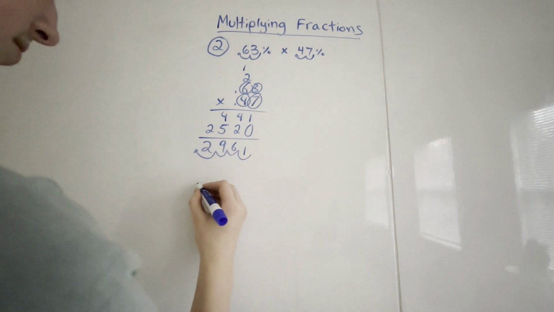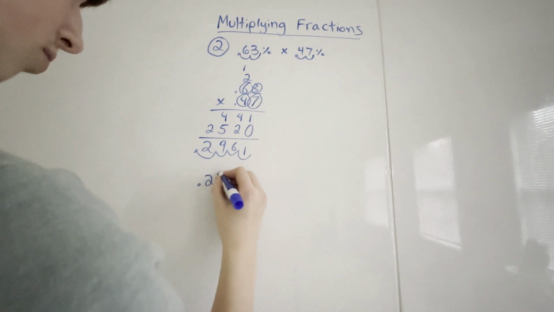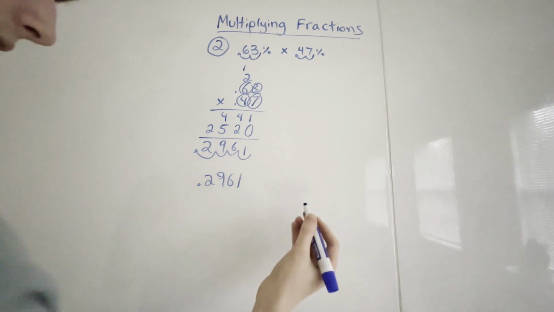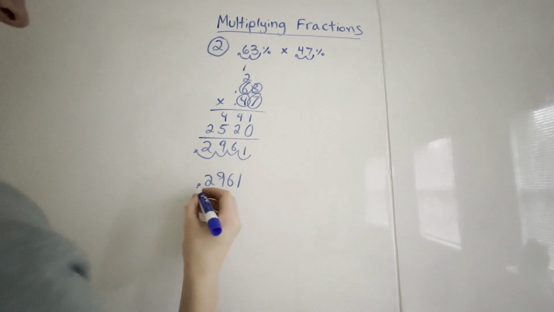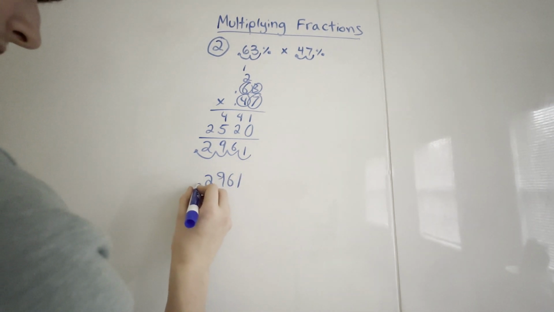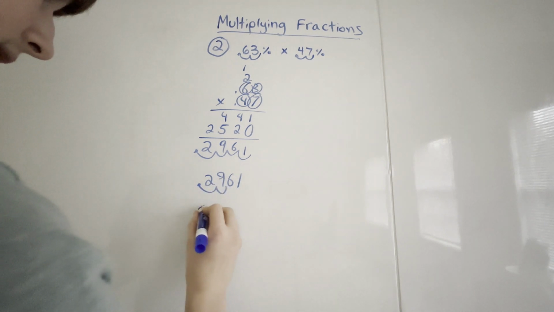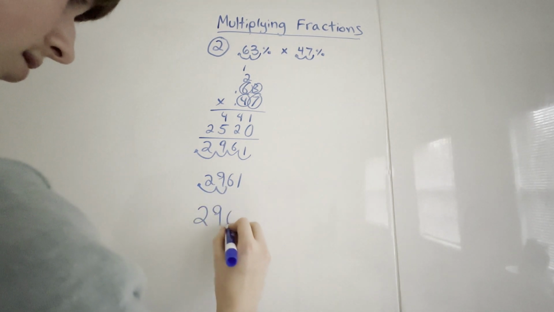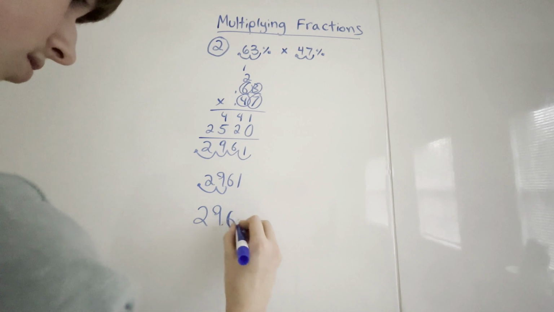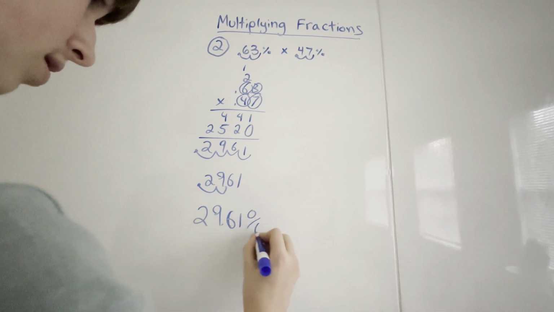So our answer is 0.2961 in decimal form, and in percent form, we move this over twice, and we have 29.61%. And this is our answer.